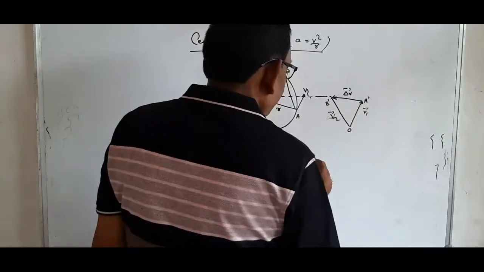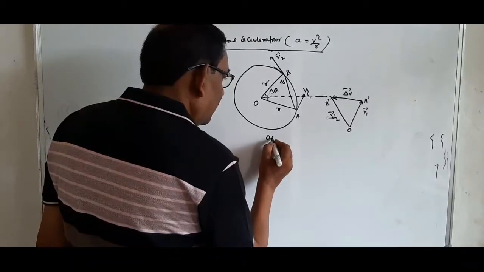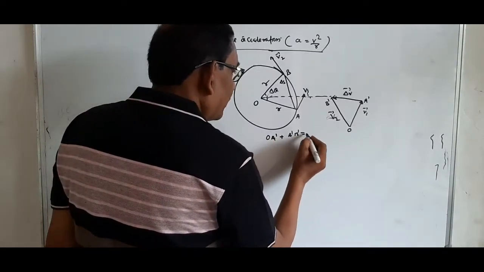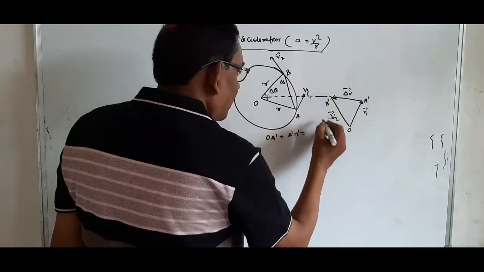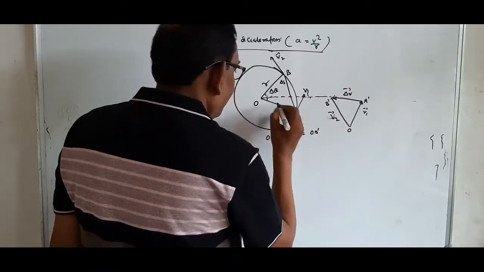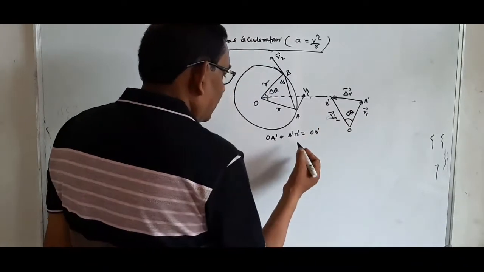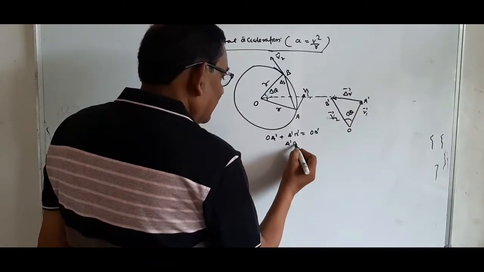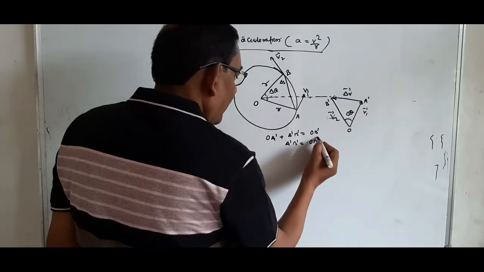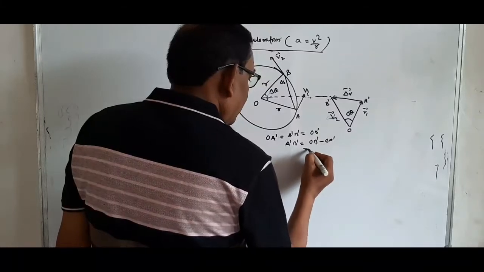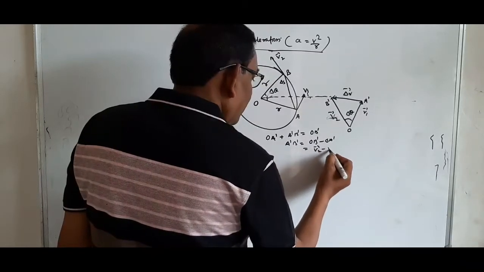Looking at this diagram, you know that OA dash plus A dash B dash is equal to OB dash. The angle is also delta theta. Then A dash B dash is equal to OB dash minus OA dash, which is V2 minus V1.